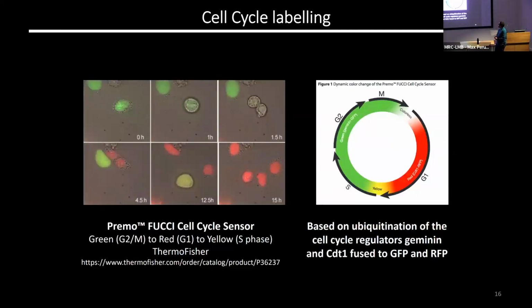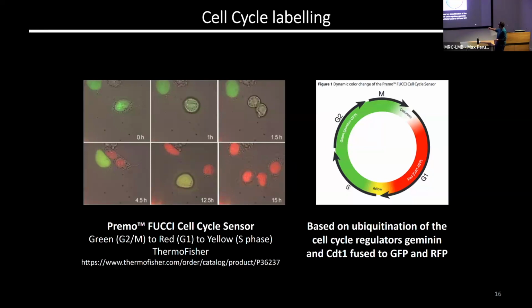Okay, there's also one system that's very interesting, which is called the Fucci sensor. This is basically a cell cycle labeling system. These are a few constructs that you can buy and then introduce into a cell. The idea is that you will have a specific fluorescence depending on the phase of the cell cycle you are in. These are based on ubiquitination of two cell cycle regulators, geminin and CDT1, which means that if you're in G1, the color that will appear is red, because it's geminin that's not ubiquitinated.